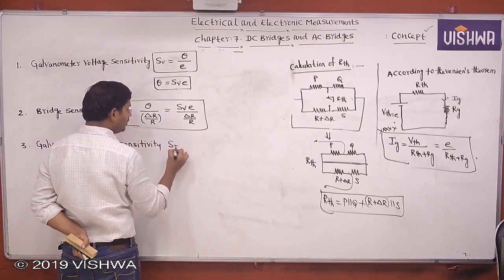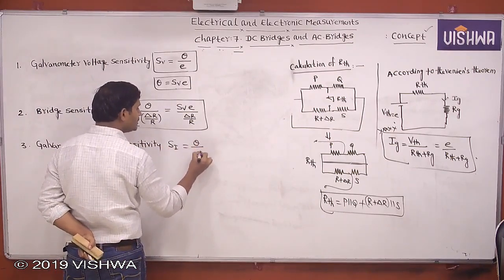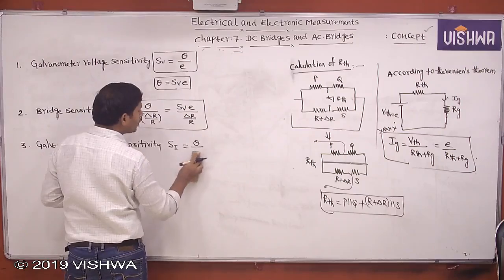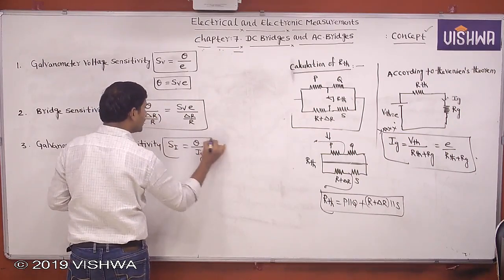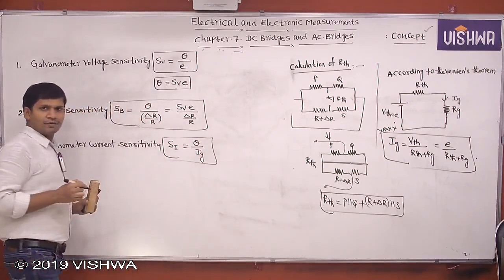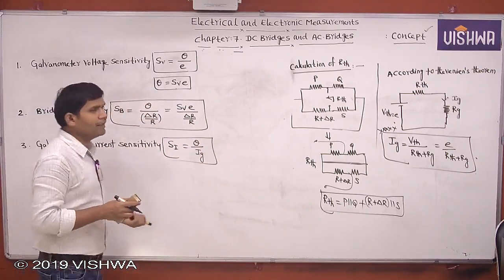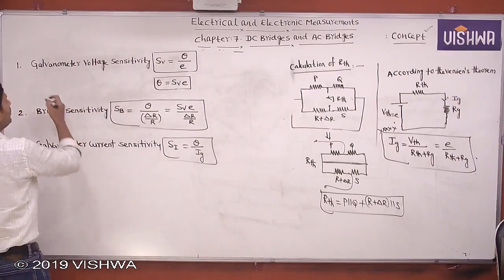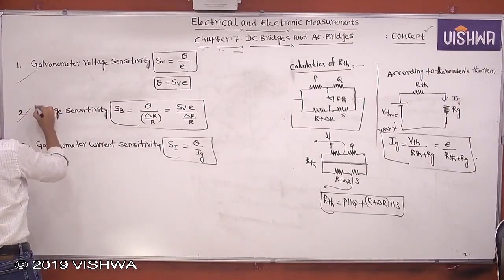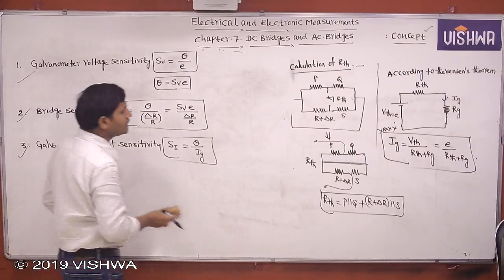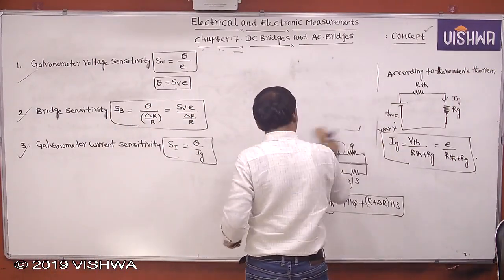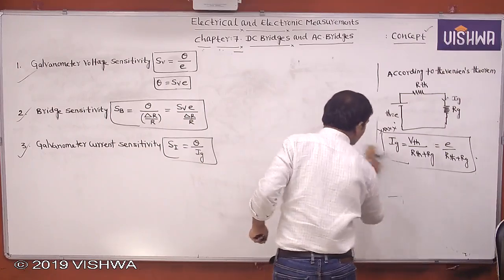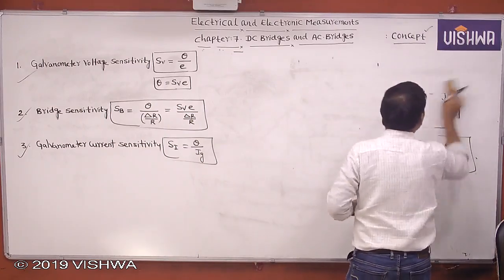SI equals deflection per change of current through the galvanometer. Okay, these three definitions are important. Clear? This is the galvanometer voltage sensitivity, bridge sensitivity, and galvanometer current sensitivity. Now from this I want to explain some important observations, which are also important from a competitive point of view.